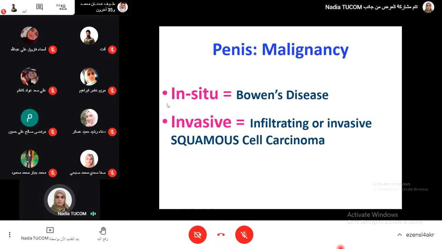If it involves the full thickness or the whole layer, it is called in situ, equivalent to severe dysplasia or Bowen's disease. It is the same lesion: carcinoma in situ, Bowen's disease or severe dysplasia.